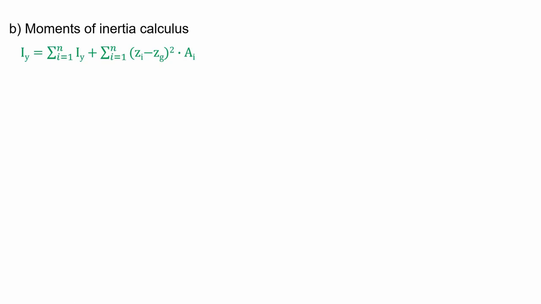The formula used for calculating the moments of inertia for a rectangle will be this one, where b is the base of the rectangle and h is the height of the rectangle. In this second component, we know every value of these parameters because we calculated them in the previous step.